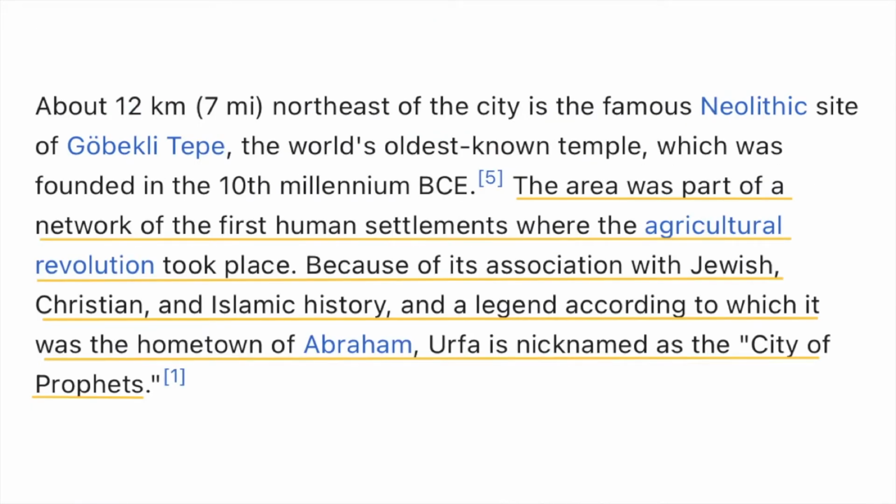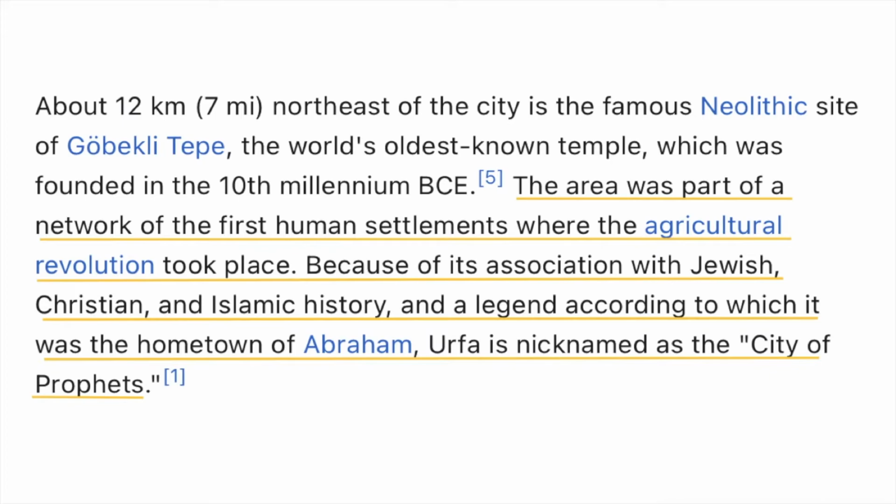The area was part of a network of the first human settlements where the agricultural revolution took place. Because of its association with Jewish, Christian, and Islamic history and a legend according to which it was the homeland of Abraham, Ur is nicknamed the City of Prophets.